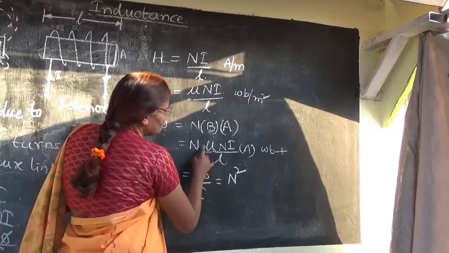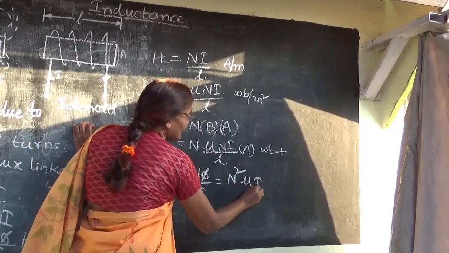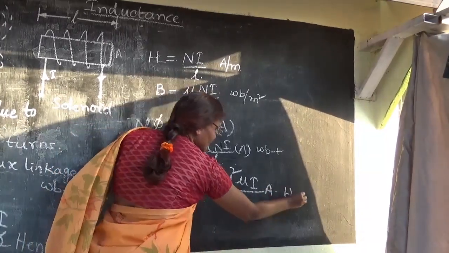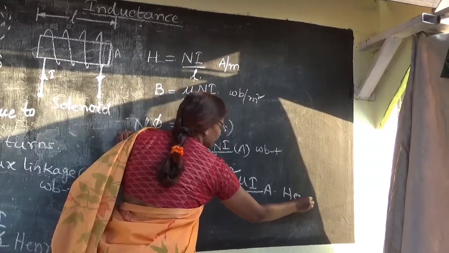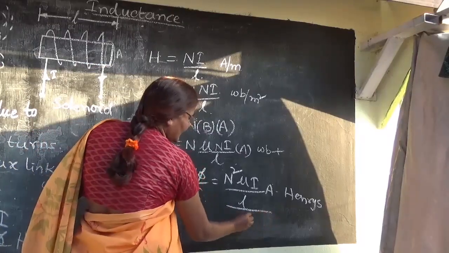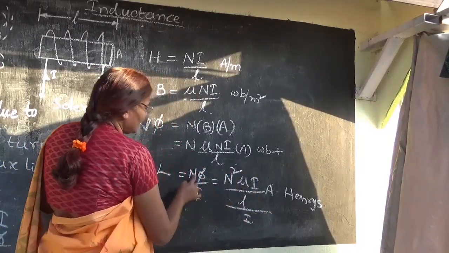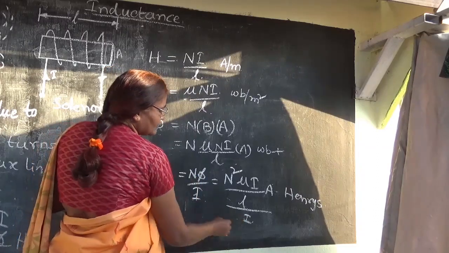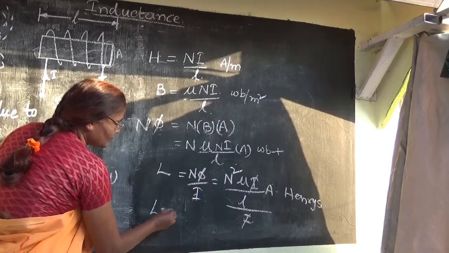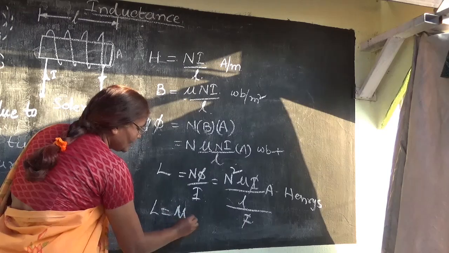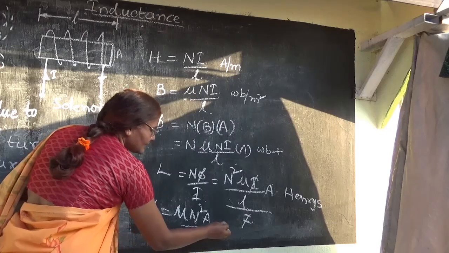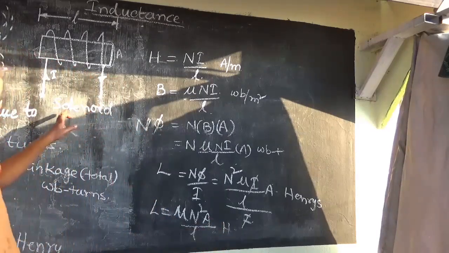This is N phi: N square mu I by L into A. Divided by I. So I have substituted N phi value divided by I. So this I and I will be cancelled out and my inductance will be mu N square A by L Henries. This is my inductance of a solenoid.